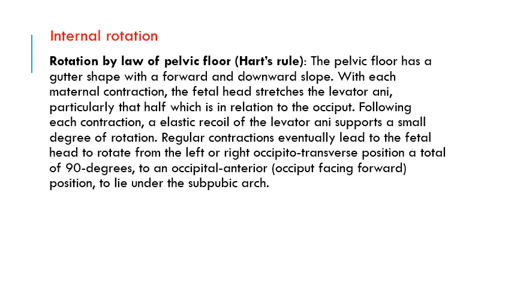Following the contraction, there is elastic recoil of the levator ani, which supports a small degree of rotation. Regular contractions eventually lead the fetal head to rotate from the left or right occipito-transverse position a total of 90 degrees to an occipito-anterior position so that it lies under the subpubic arc.